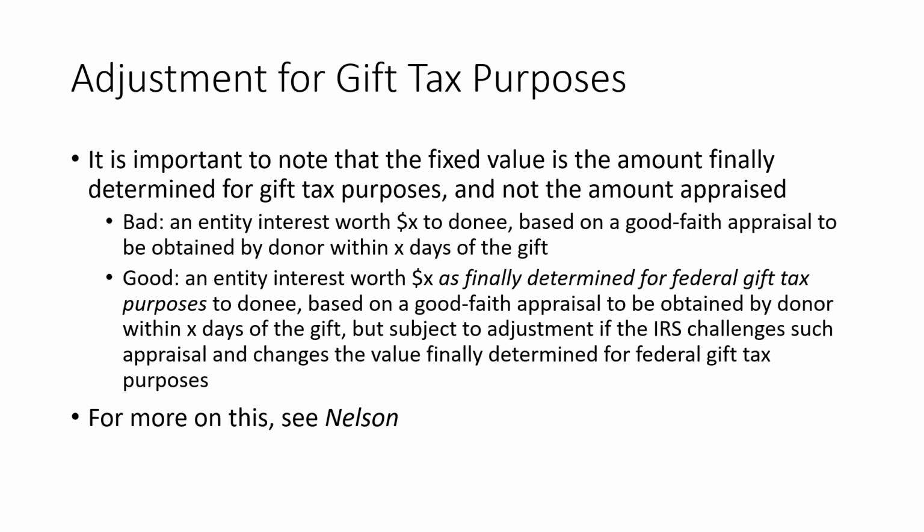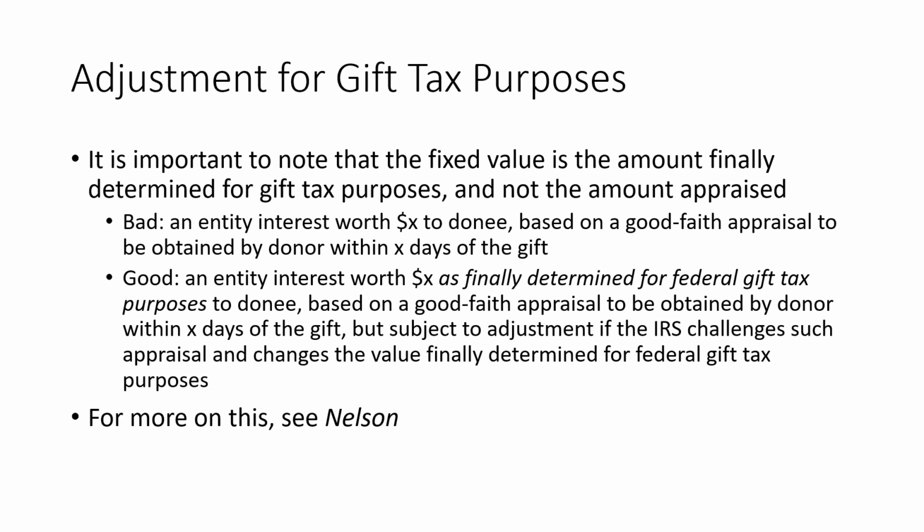So a bad outcome might be to say that we have an entity interest worth X dollars to donee, so we have our fixed value, but that's based on a good faith appraisal to be obtained by the donor within X days of the gift. Well, in that case, you have transferred a fixed value, but it's not based on the fixed value for gift tax purposes, but instead on the fixed appraised value.